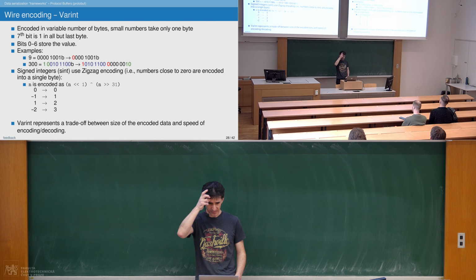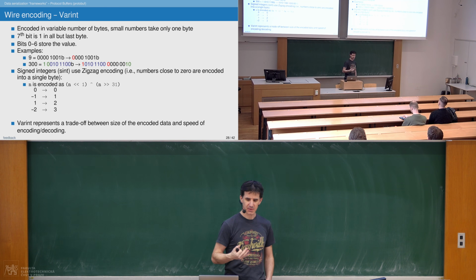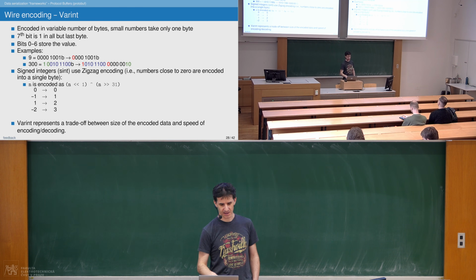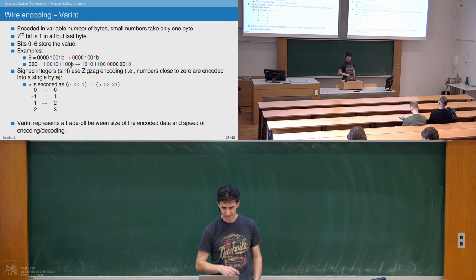This is easy. Now let's say we want to encode a number 300. 300 is encoded into binary as 9 bits, 1001 and so on.